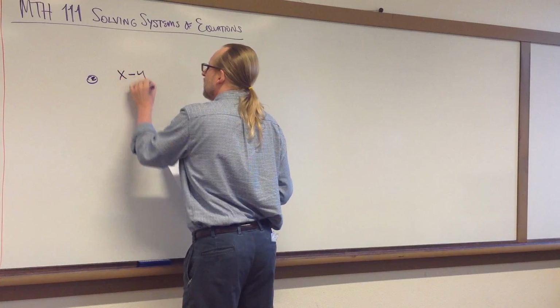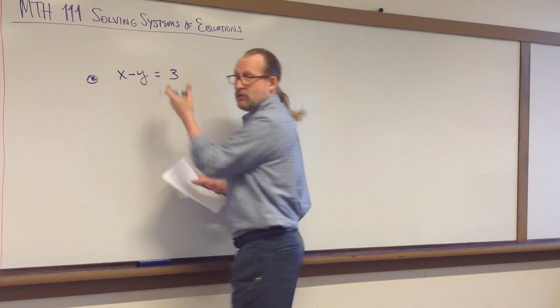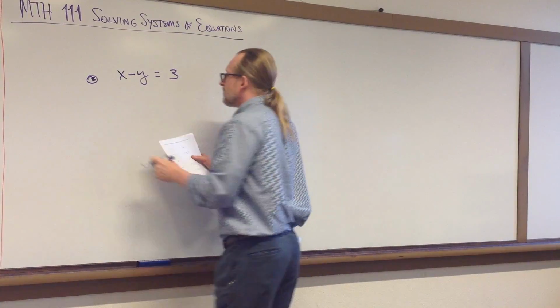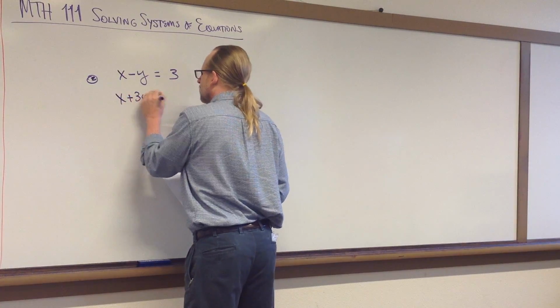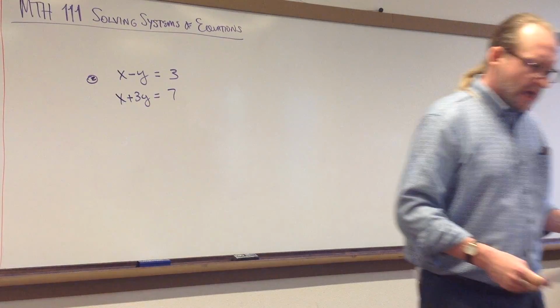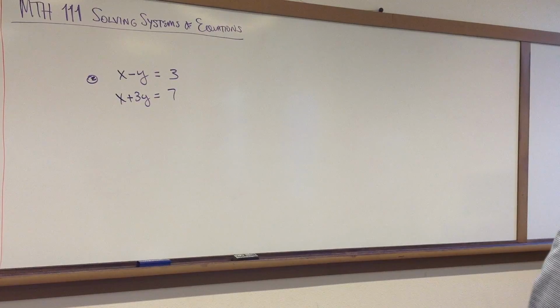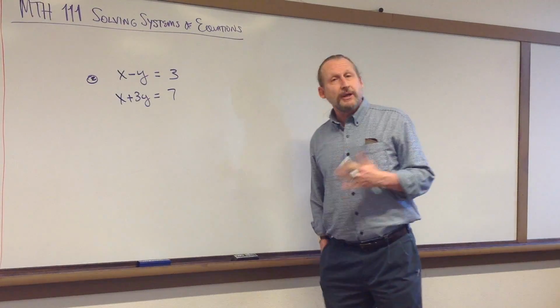So if we look at problem 2 here, we've got two equations and two unknowns. So x minus y equals 3 and x plus 3y equals 7. So using this review to cover the methods of substitution and elimination of variables.